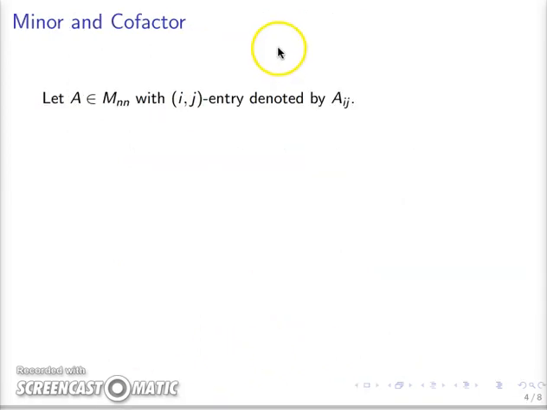So let's now consider defining the operator determinant for a matrix that has n rows and n columns. Let's suppose we start with a matrix denoted by A. It has n rows and n columns, and the entry on row i, column j is denoted as A sub ij.